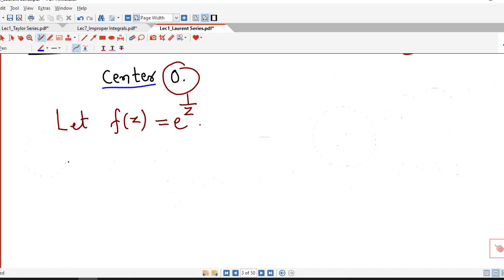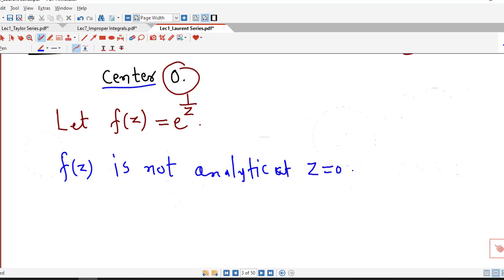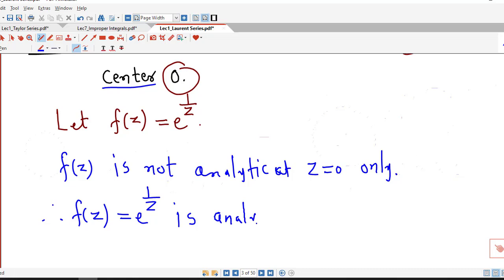Before that, we write down that f of z is not analytic at z equal to 0 only, or f of z is analytic at every point except 0. So therefore we can write that f of z equal to e raised to 1 by z is analytic in the domain.